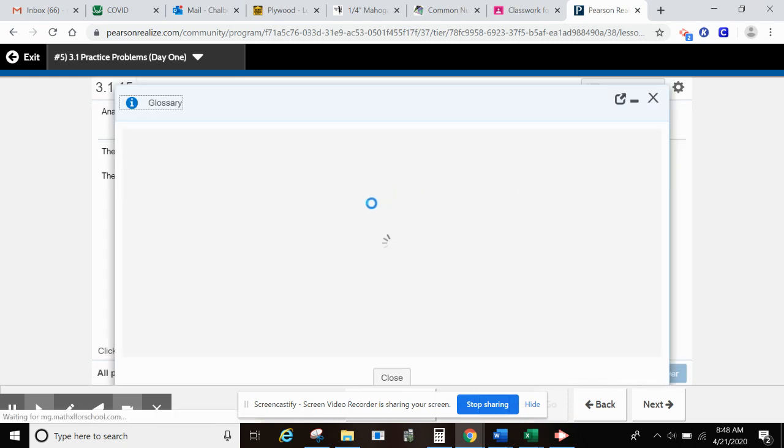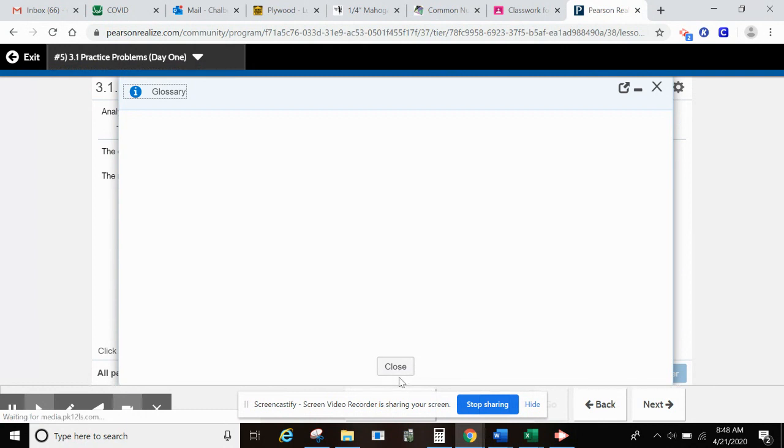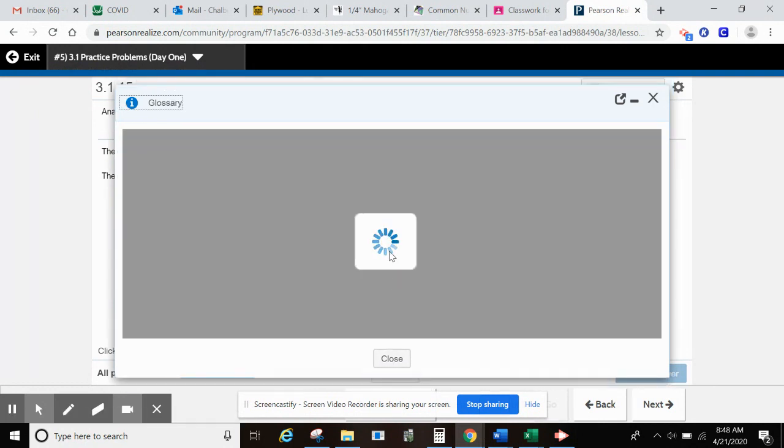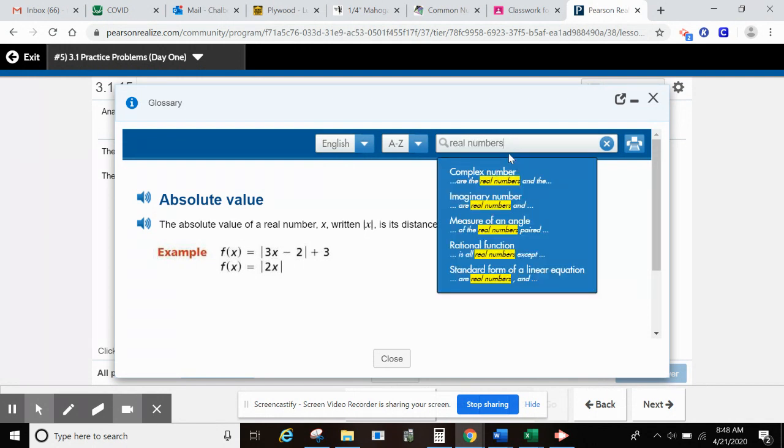So for instance, if I needed to look up real numbers, it's going to take a second to load, but I should be able to do that here. Real numbers. I get a few answers here.